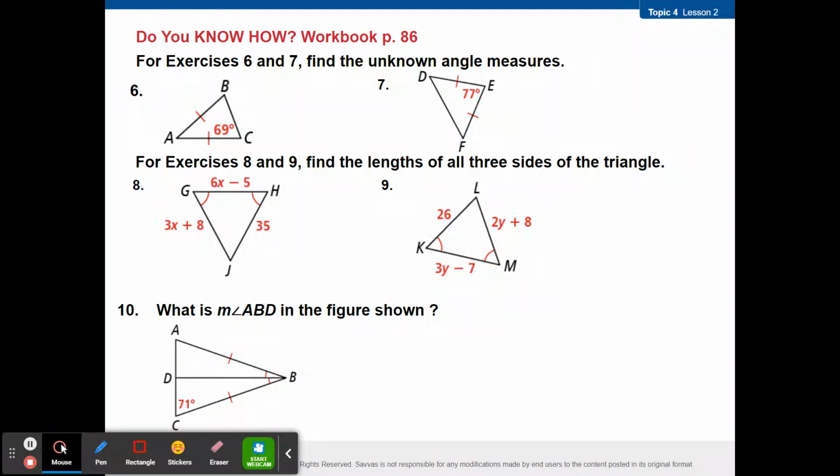Okay. Wait, when did you get it? Did you get it? 55.5.